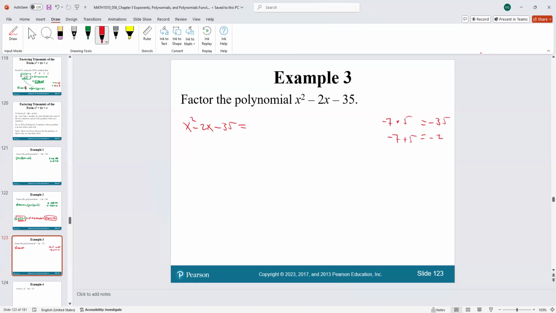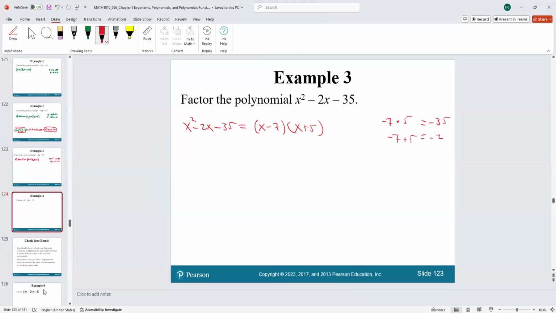So you can conclude that x minus 7 times x plus 5 are the two factors that multiply to obtain the trinomial x squared minus 2x minus 35.